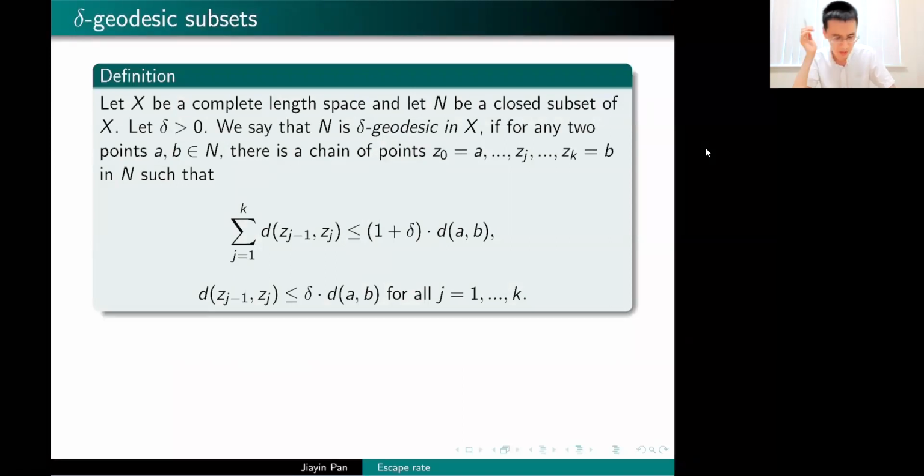Let capital X be a complete length metric space and N be a closed subset, and we fix a small number delta.